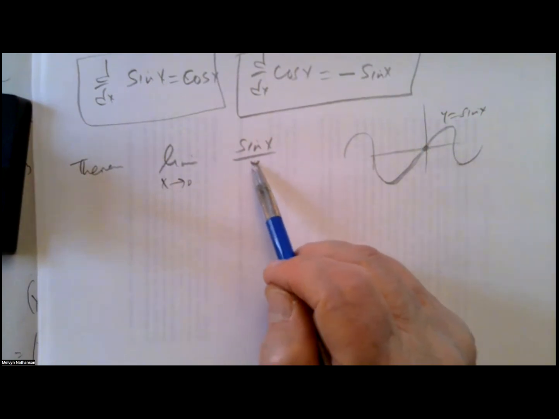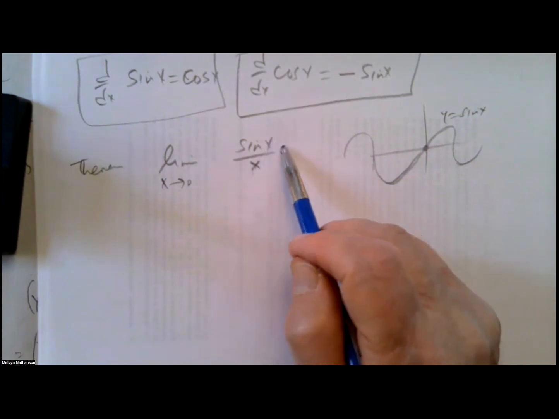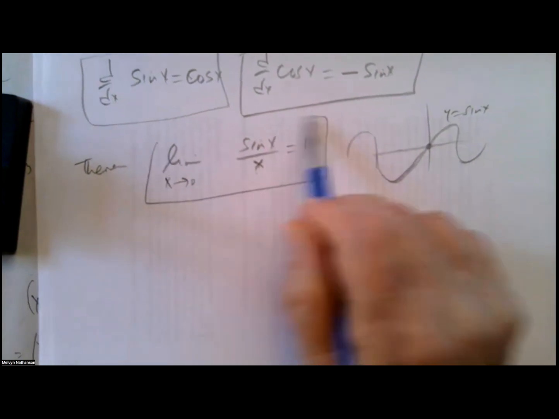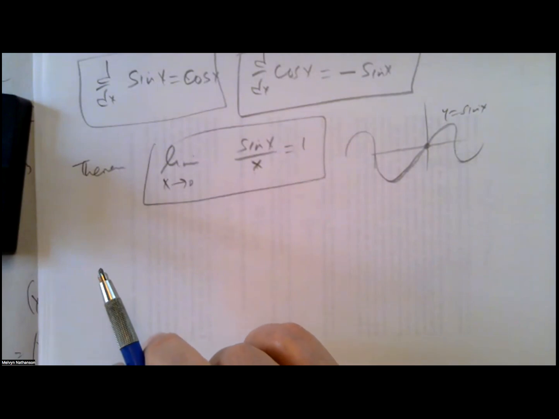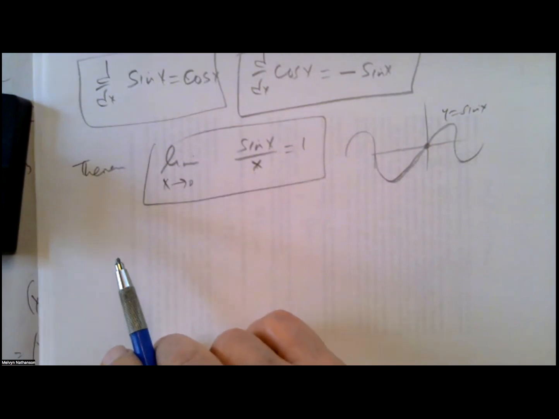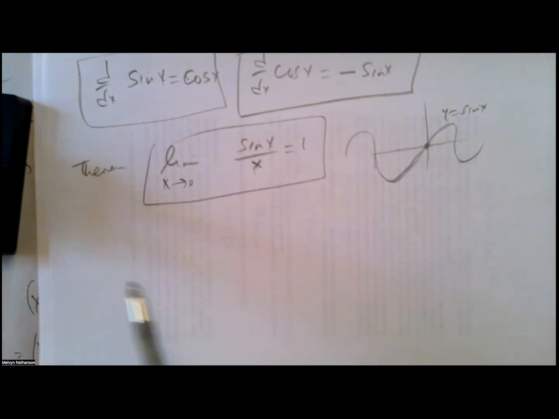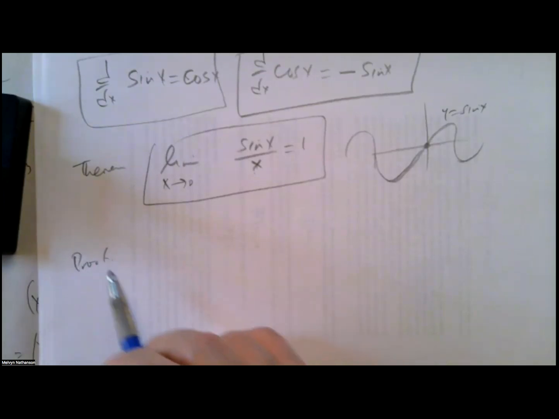So as x goes to 0, sine x goes to 0 and x goes to 0. This limit may or may not exist. In fact, it does exist, and the theorem says that this limit is equal to 1. And it's based on just some simple geometrical properties of the circle.